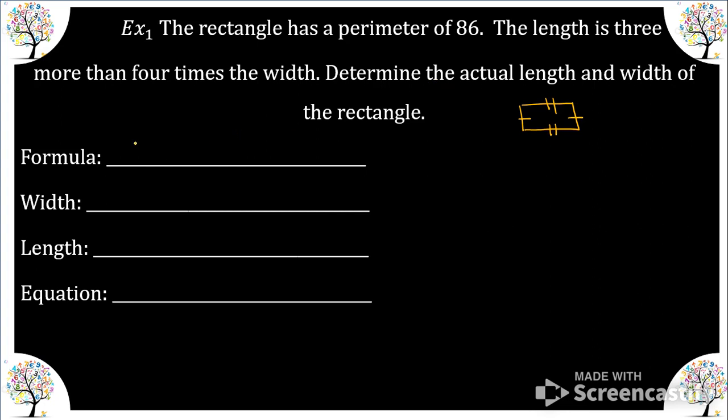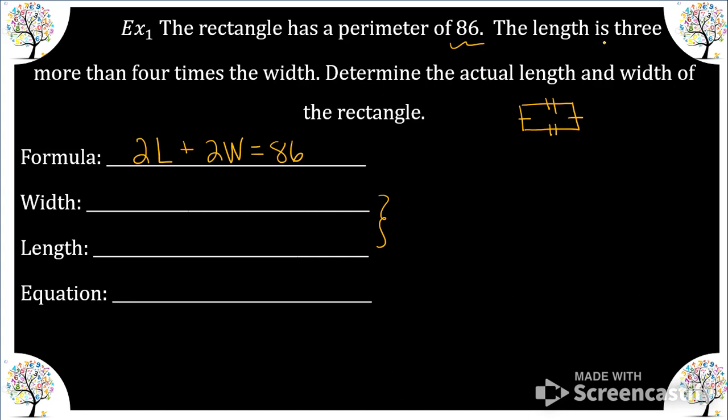So our formula is going to be, we have 2 lengths plus 2 widths, and this equals our perimeter of 86 for this situation. So that's the formula. Now in your formula, we can have different variables. This is the part where we can only have one type of variable, and usually I use x.